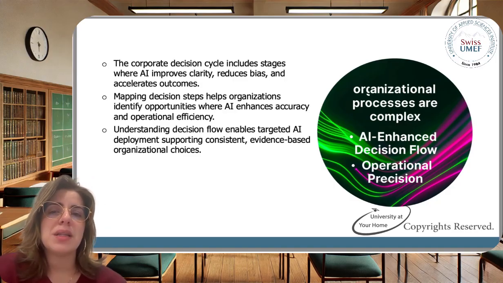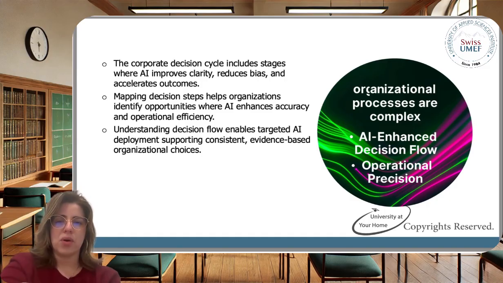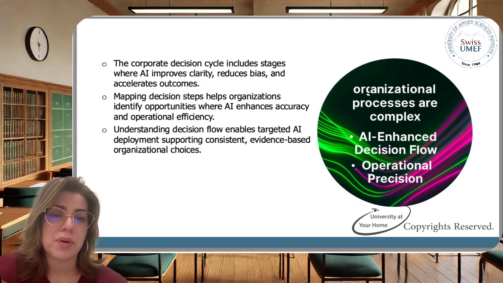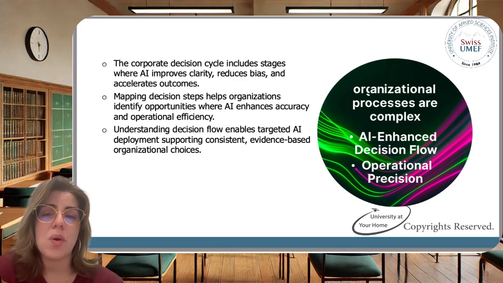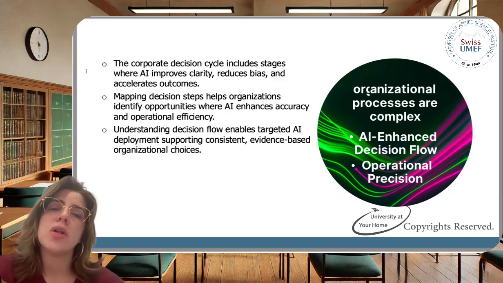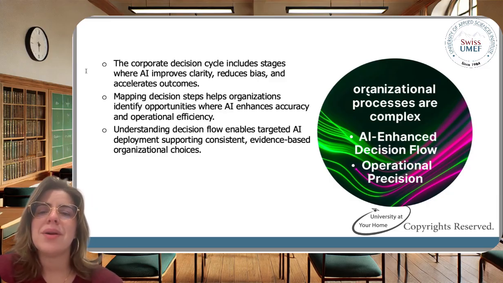You might find that AI is great for one part of the process, but not another. Understanding the decision flow enables targeted AI deployment. This can ensure that our choices are consistent and based on evidence rather than just gut feeling.